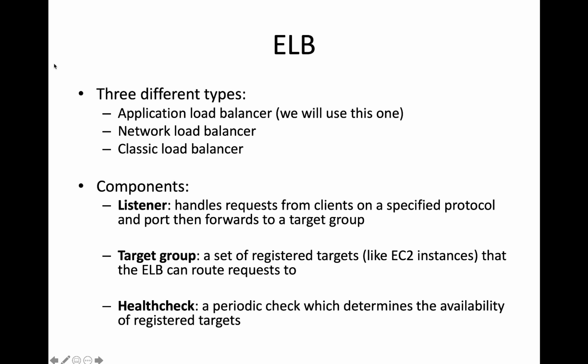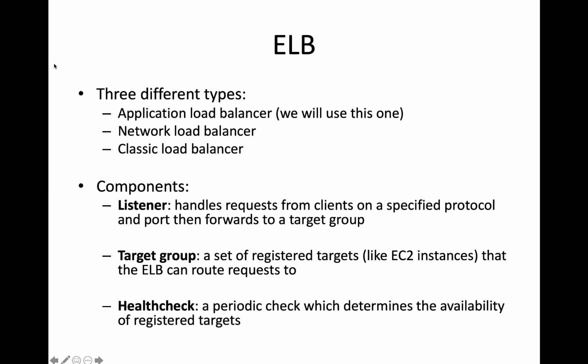And then finally, the third component is the health check. The health check is a periodic poll that the Elastic Load Balancer performs. It will poll each EC2 instance to determine the availability of the instance, of the registered target. Well, what does that mean? Well, basically, on a scheduled basis. It could be every 10 to 30 seconds. This is something we can configure.